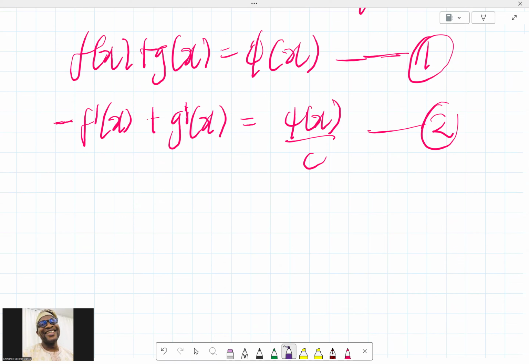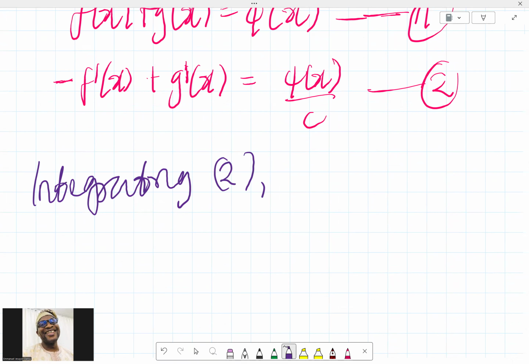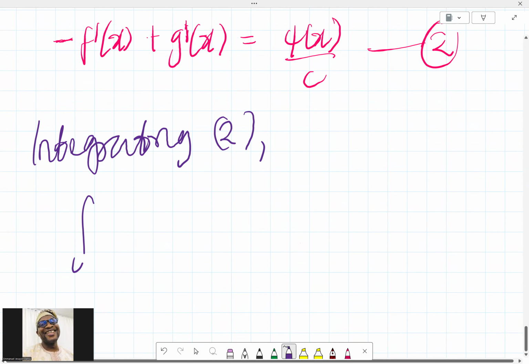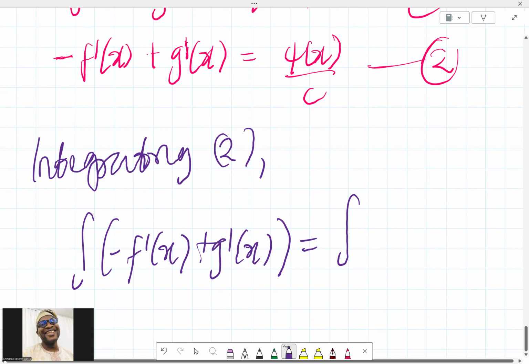One way to handle this second part is to integrate. So integrating, we have the integral of minus f prime of x plus g prime of x equals the integral of psi of x over c.